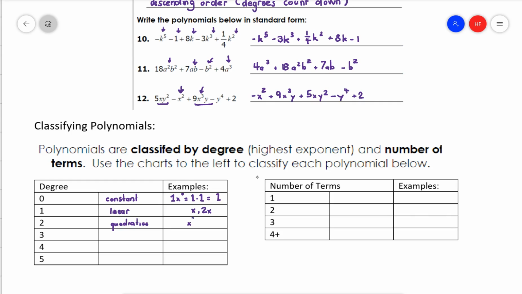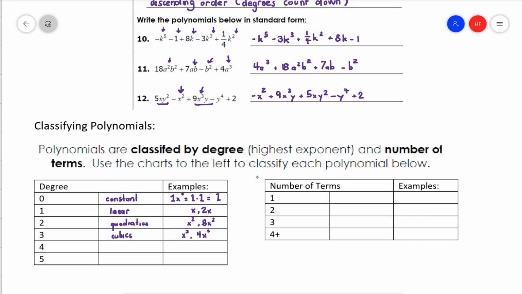That would be x squared, or any coefficient times x squared, so any number, let's say 8x squared. A degree of 3 is a cubic function, and that's going to be x cubed, or any number, so let's say 4x cubed.